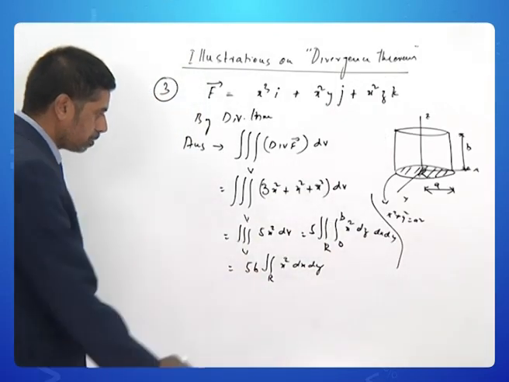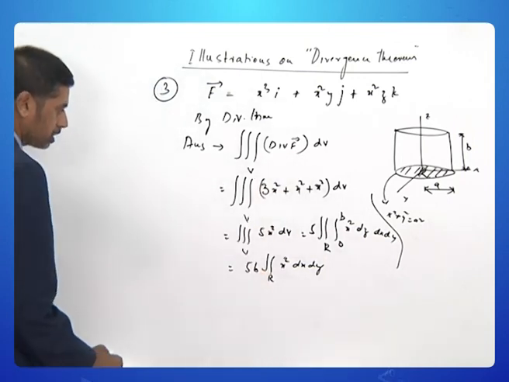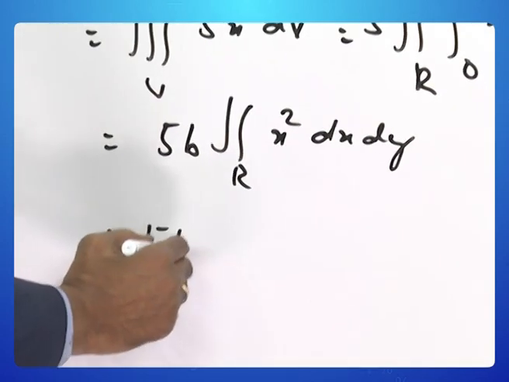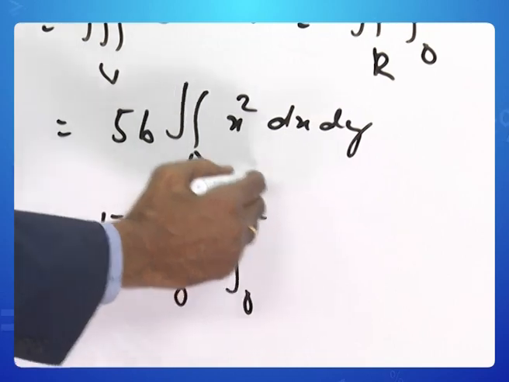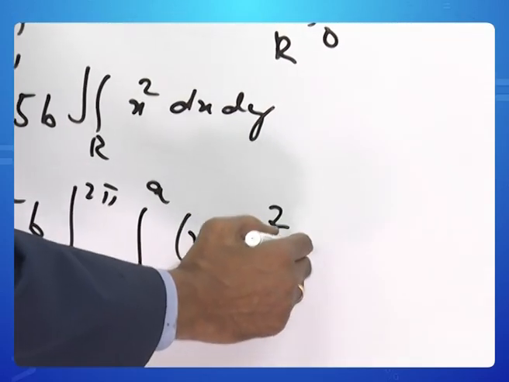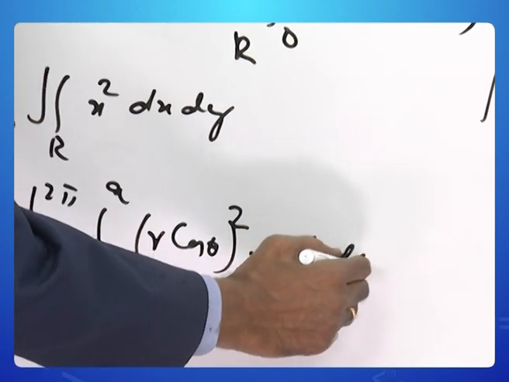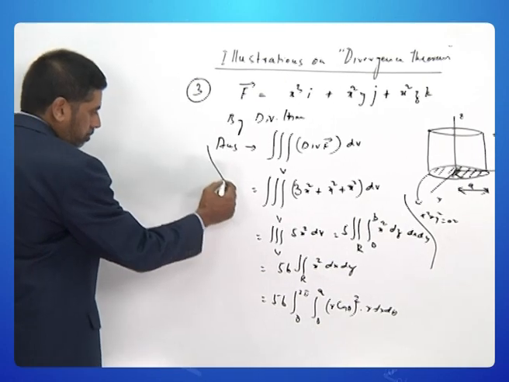So now this double integration should take place over the circle, so we can use polar coordinates. So we can write 5b times the integral 0 to 2 pi, integral 0 to a, of (r cos theta) whole squared into r dr d theta. So let's do this evaluation.